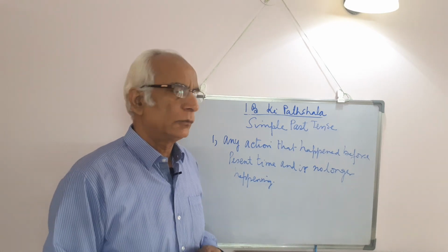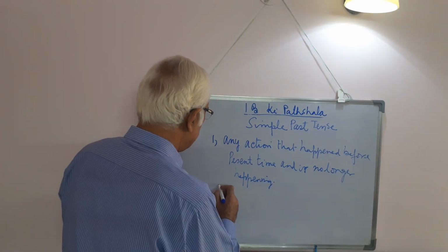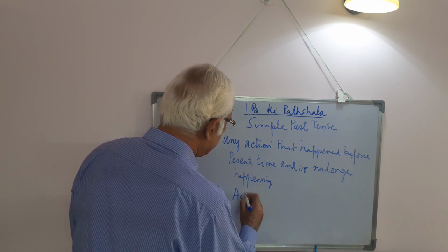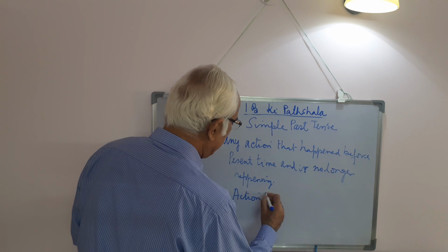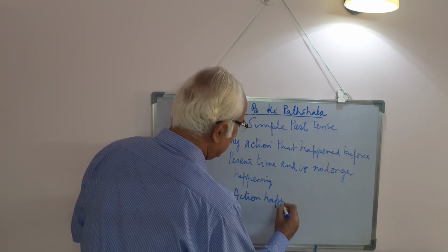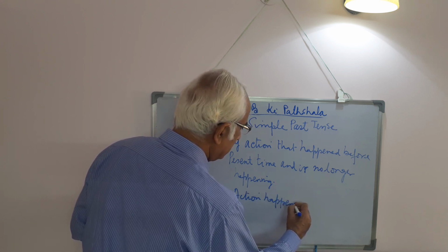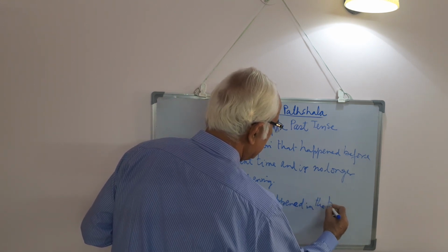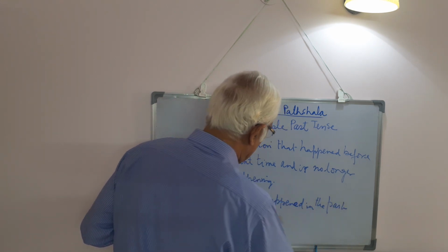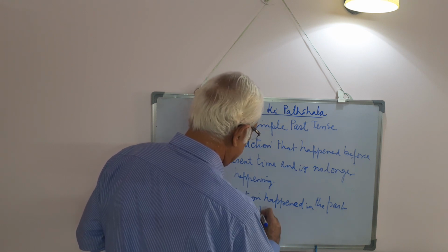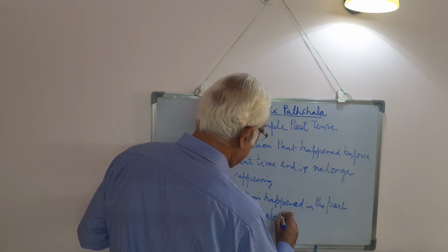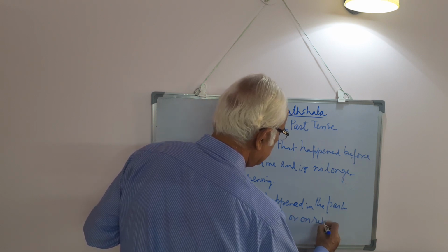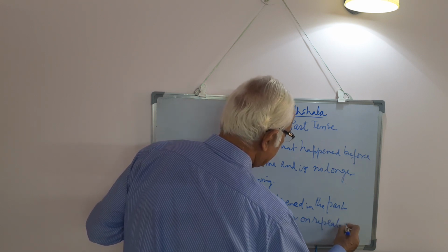Okay? What is the second situation? Second situation is action happened in the past as a habit or on repeated basis.